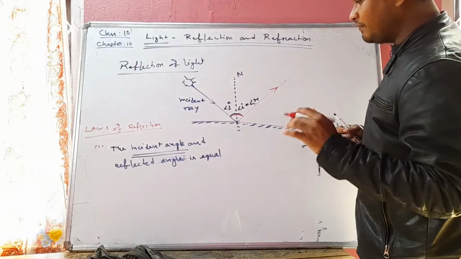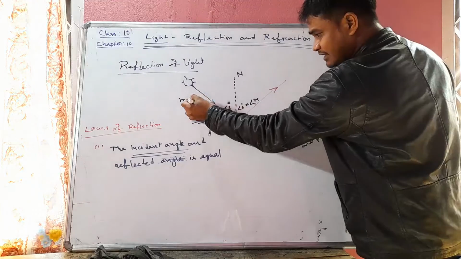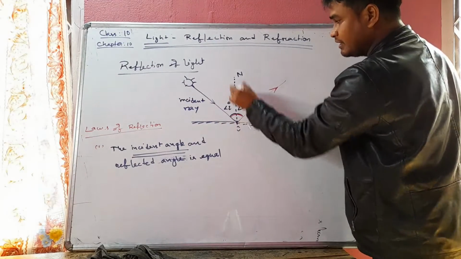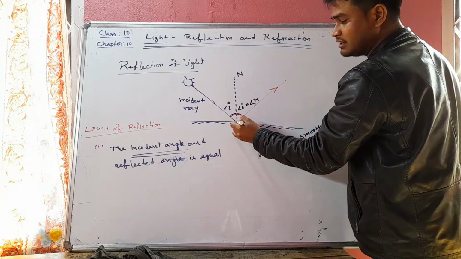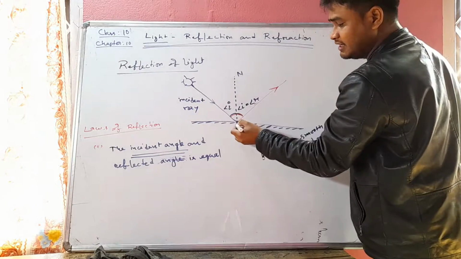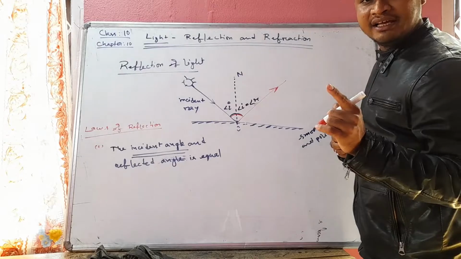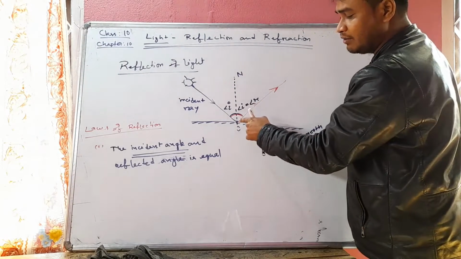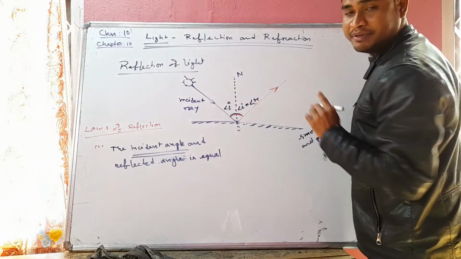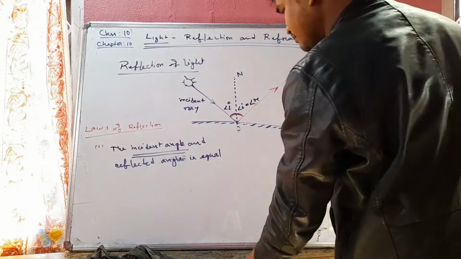The second law of reflection is what? The incident ray, the perpendicular drawn on the surface at the point where the incident ray strikes, and the reflected ray lie in the same plane.